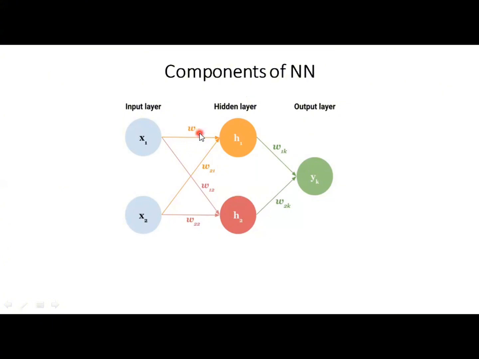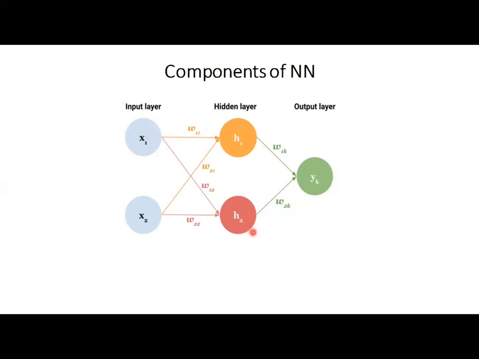W11 is denoted as weight. This is called weight. The connection from one layer to another layer is called weight. Weight is nothing but the amount of information held in it. So X1 to H1 means this weight has some information about the input data.